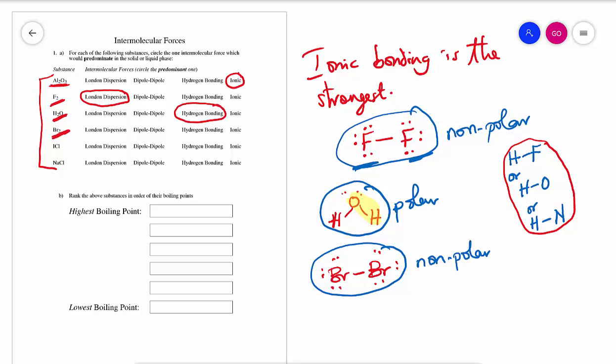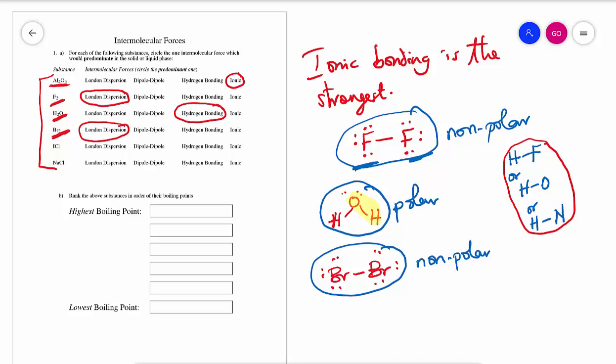It is nonpolar and there is no metal present in it, which means that it cannot be ionic. And since it is nonpolar, it cannot be dipole-dipole, neither can it be hydrogen bonding. If it is nonpolar, you can simply rule out dipole-dipole and hydrogen bonding. So the only intermolecular forces that we will have will be London dispersion forces.